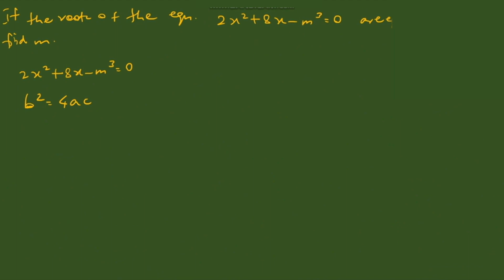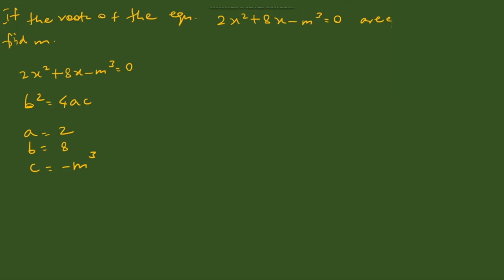That means a here is 2, b is 8 and c is minus m cube. M and such alphabets which come in the beginning, a, b, c, k, etc. are constants. Those alphabets which come in the end like x, y, z, p, q, r are generally taken as variables. So here we have to take minus m cube as c.